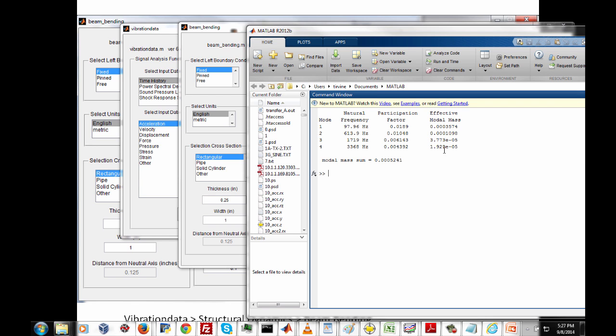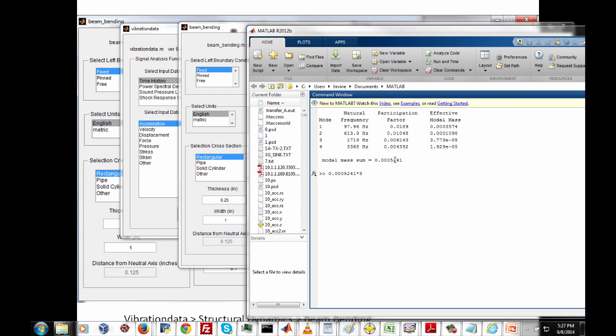Then here are the effective modal mass values, and we like to include enough modes to have about 90% or so of the total mass. If I take this number and multiply, this is actually pounds force second squared per inch.